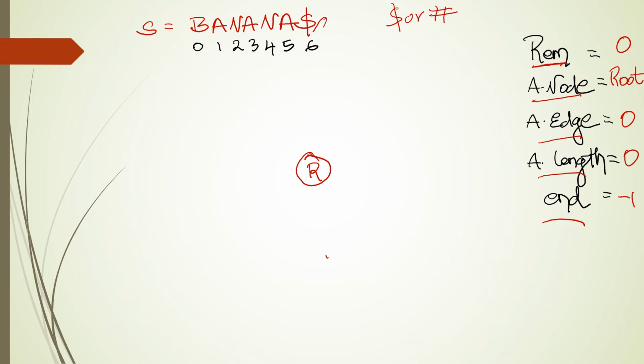These are the default values, and we take the current values here. And we also see Ukkonen's algorithm works on 3 rules.